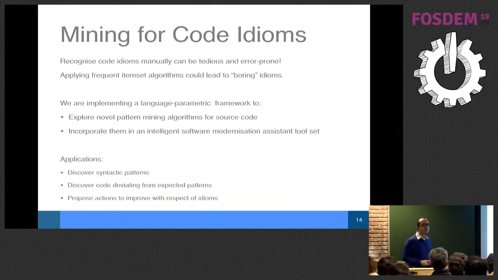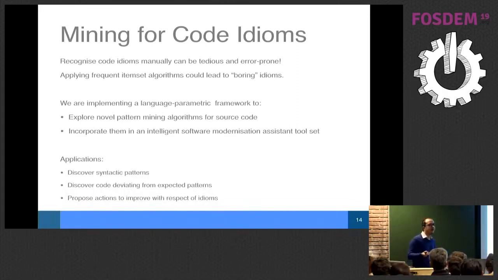In the end, they are boring. And with boring, we mean that if I tell you that a Java class is composed of attributes and methods, then you say that, okay, this is not so interesting. It's not something new. We know about it.